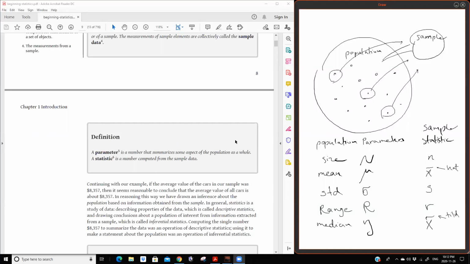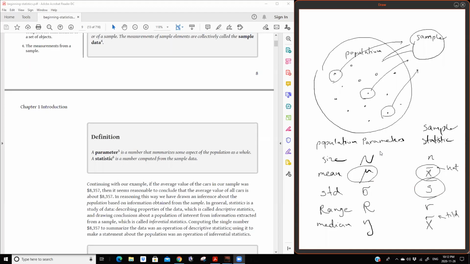So again, a population parameter is a feature of the population, which is usually unknown. A sample statistic is a number that you compute from the sample, but that sample statistic is usually an approximation for the population parameter. For example, X bar is an approximation for mu.